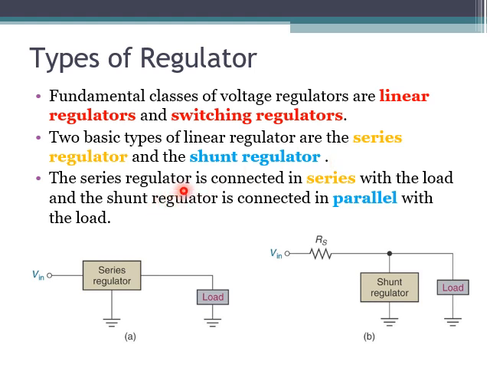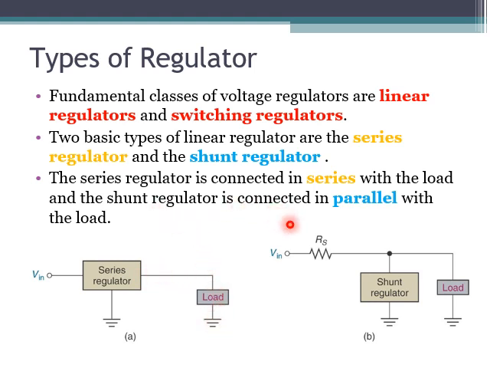The series regulator is connected in series with the load and the shunt regulator is connected in parallel with the load. See, the series regulator is connected in series with the load, in the same line, right?